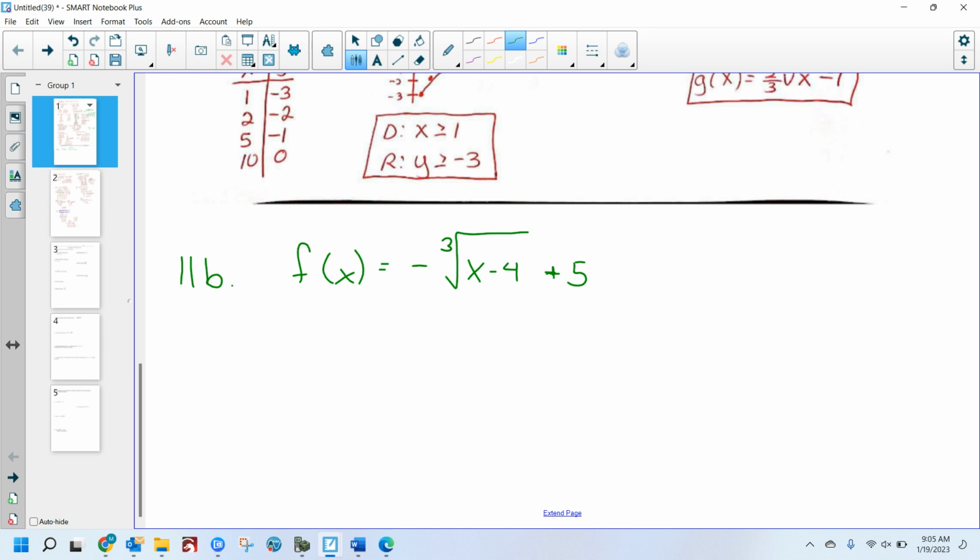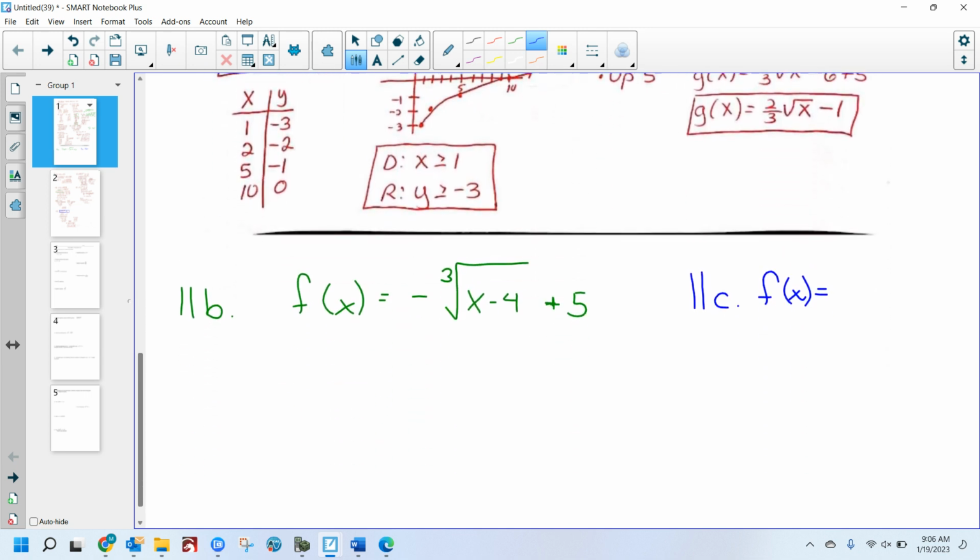Mm-hmm. You don't have to do both of these, but if you have time and want to do both, that's fine. So this would be a graphing domain and range kind of problem.